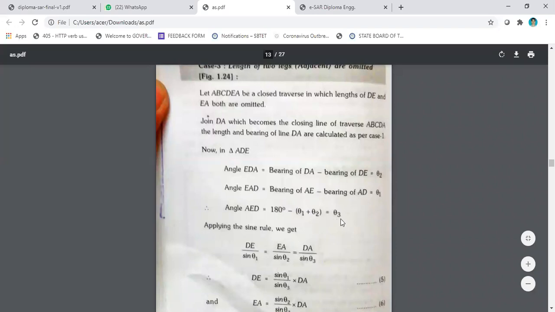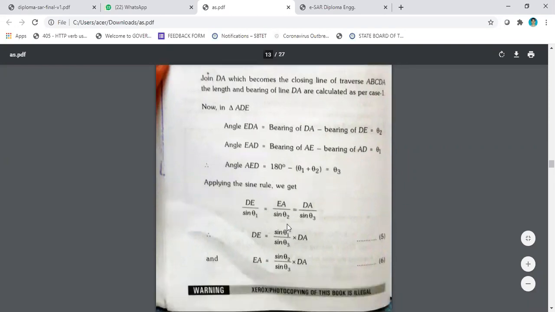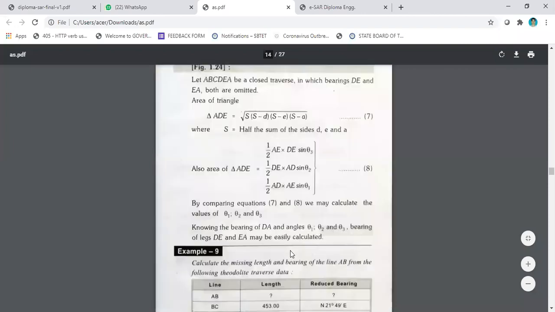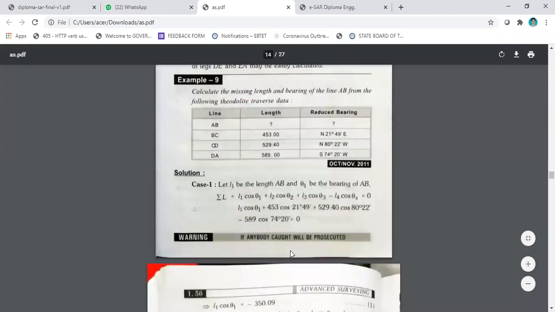From that principle, you will get all 3 angles. Now we apply the sine rule: DE by sine theta 1, EA by sine theta 2, and DA by sine theta 3. In this, DA is known, calculated based on case 1, and all 3 angles are known. When you equate the last 2 terms, you will get EA, and when you equate the first and last terms, you will get DE. That's all. Now let us solve some problems based on this.